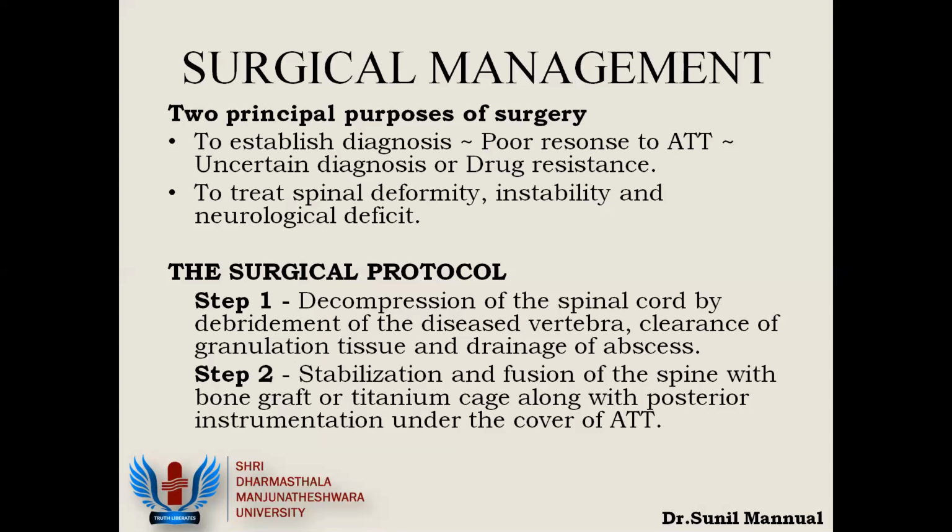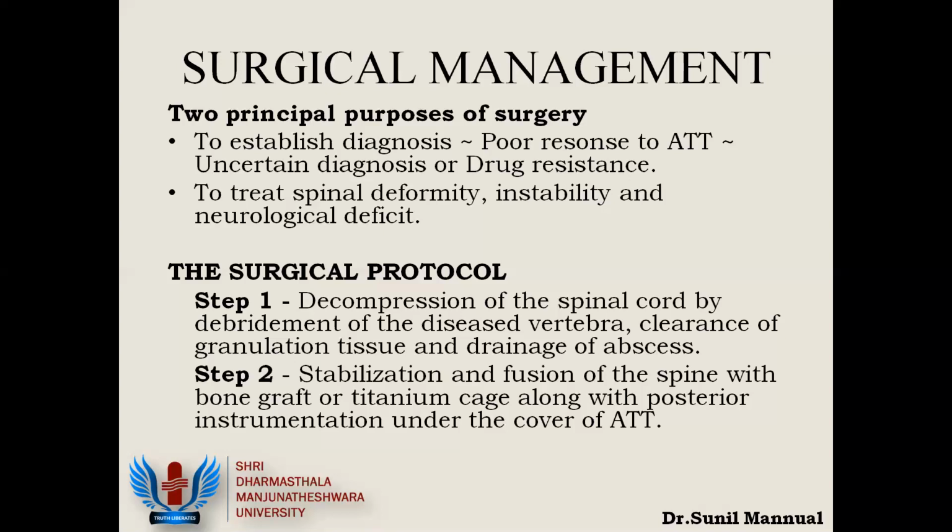And along with that, we are also aiding in the fusion of the spine by either putting a bone graft or, these days, we use a titanium cage. So we can put a cage there where the vertebra was sitting. In place of the vertebra, we can put a cage, and we help it to fuse by putting implants from posteriorly. That is called a posterior instrumentation, and all this surgery will be done under the cover of ATT.